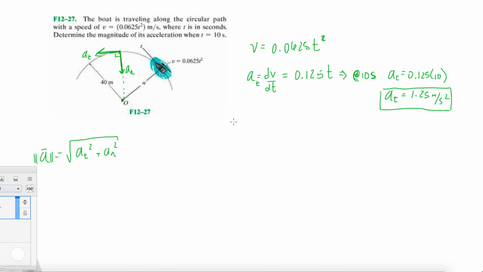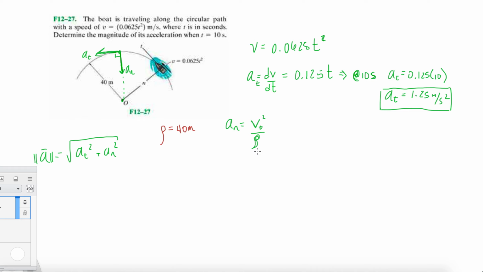Now, in order to get the normal component of the acceleration, we need the tangential velocity of the object at that instant in time. So it's the tangential velocity squared divided by the radius of curvature. In this case we're given the radius of curvature; they tell us that it is 40 meters.